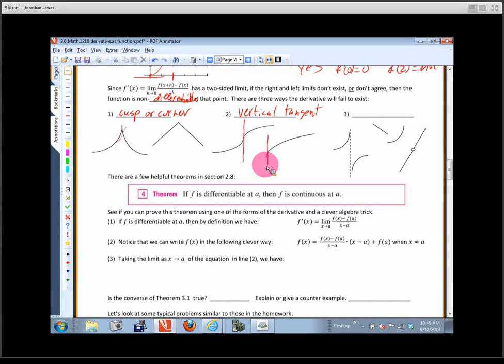Slope is undefined. So if you have a vertical line, the slope is undefined. You could say that it's getting closer and closer to infinity. But this straight up and down, that's undefined. And then the last one is called a point of discontinuity.